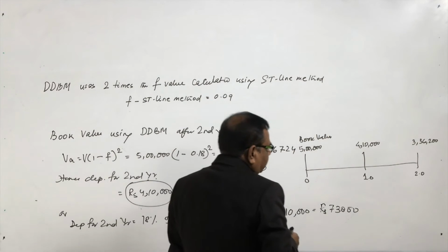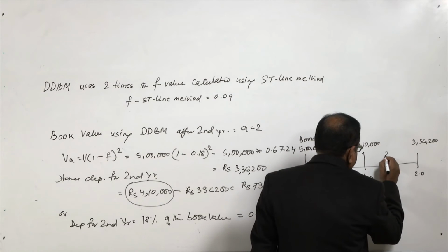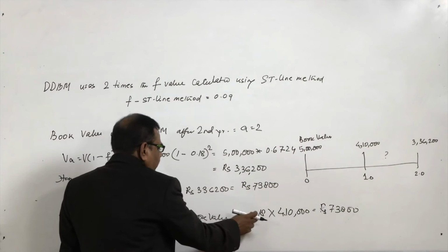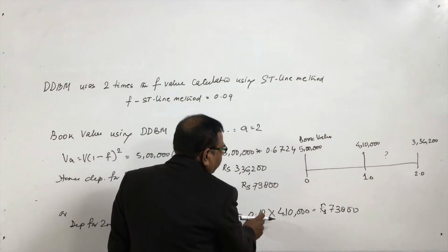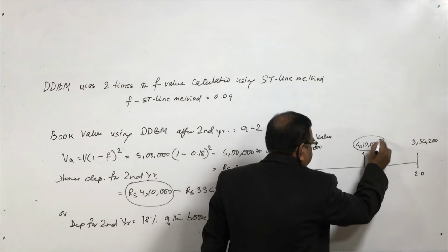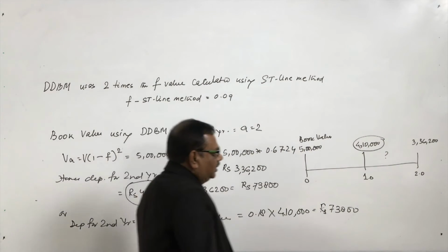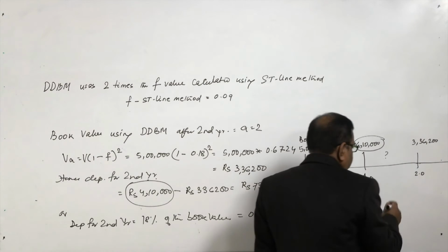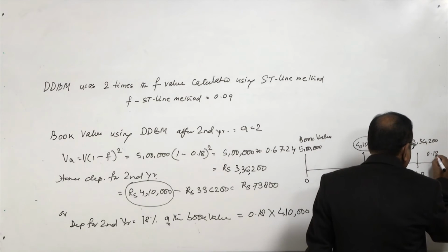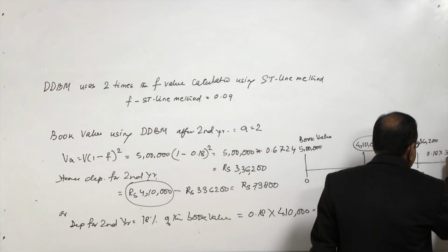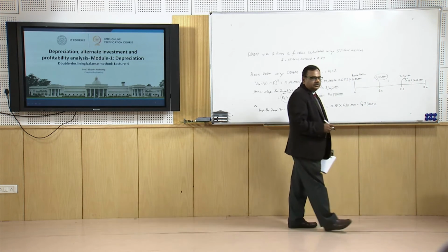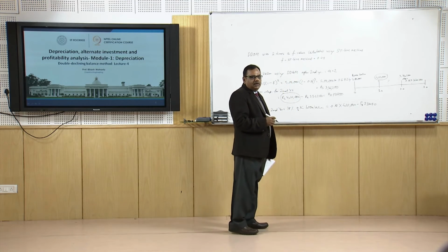So, depreciation for the second year will be computed based on the fixed percentage 0.18 into this value. Similarly, for the third year, this will be 0.18 into 3,36,200 depreciation. So, this is the way how this will move.